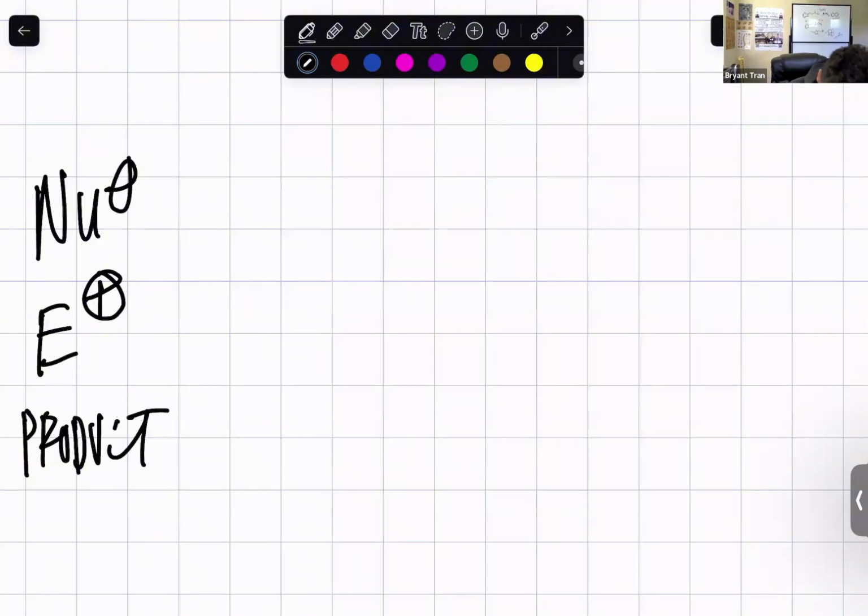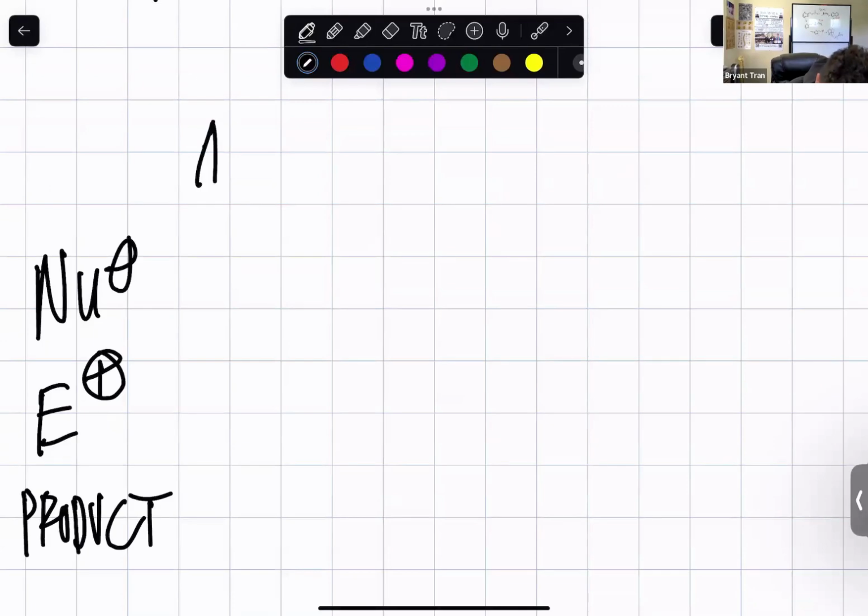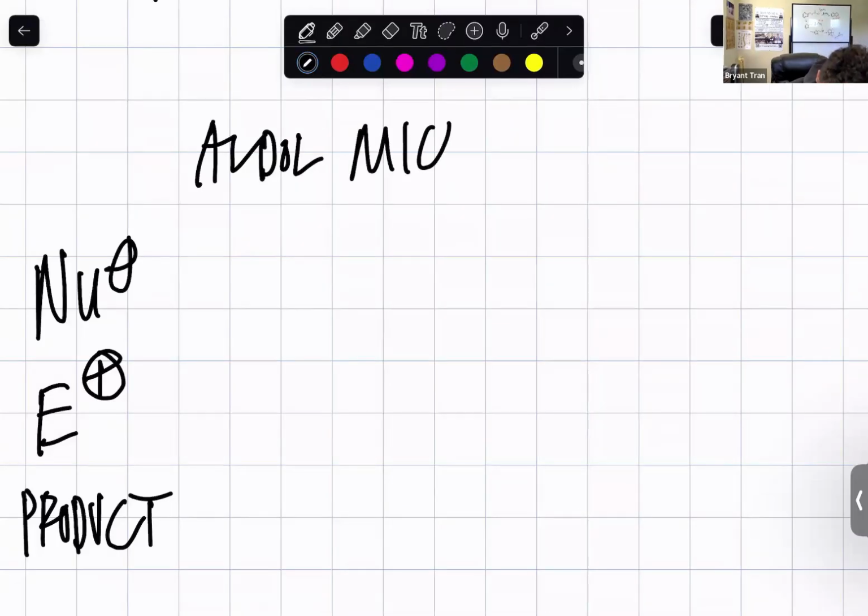All right, so let's talk about aldol, and there's the 3 different types. Remember, there's self aldol, there's mixed aldol, and intramolecular aldol. And let's talk about Michael, right?